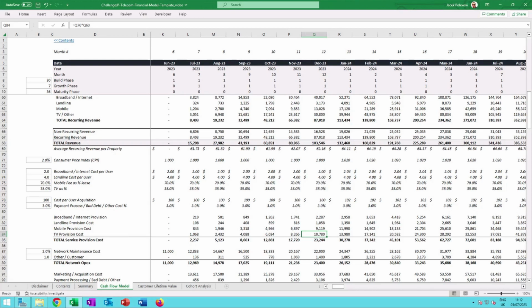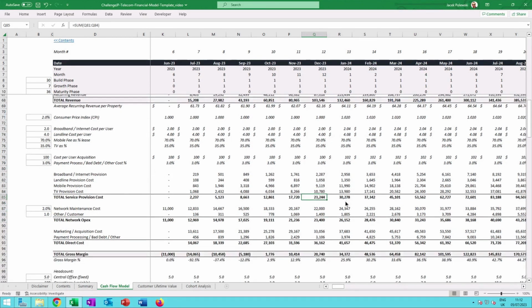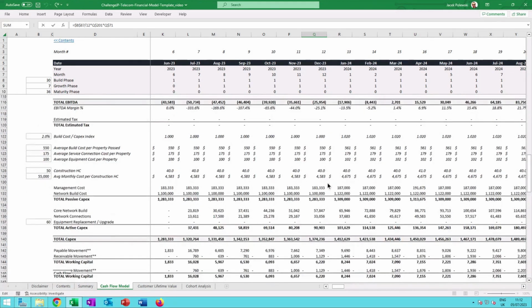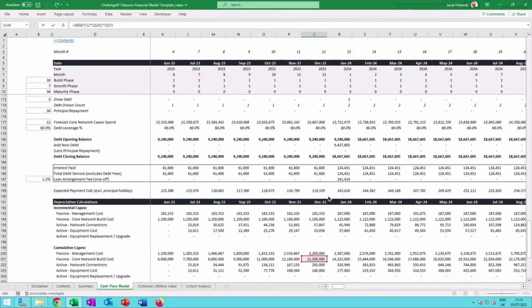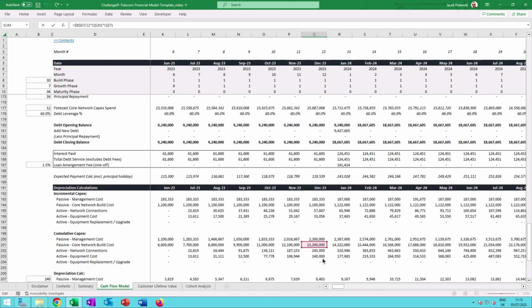But again, you can modify it, or you can use other methods, whichever suits your business plan, business model best. Okay, so that allows you to calculate the service provision cost. Then you also have the network maintenance costs, which would be calculated as a percentage of how much money you spend to build your total network.